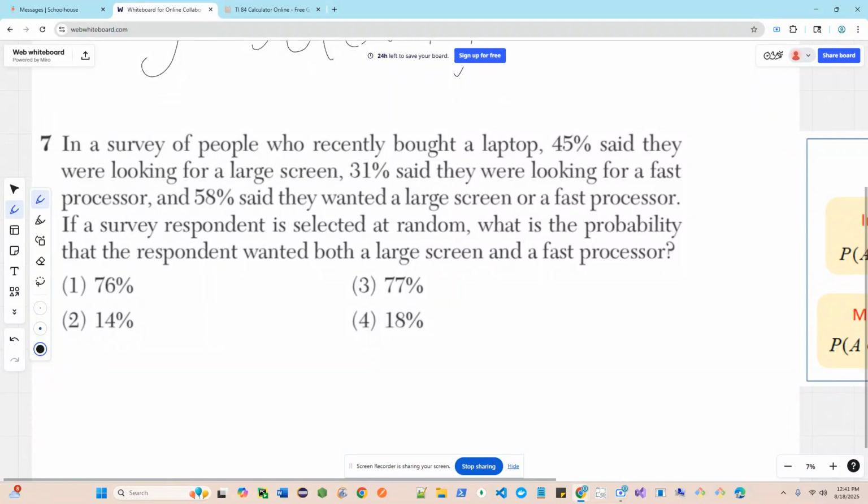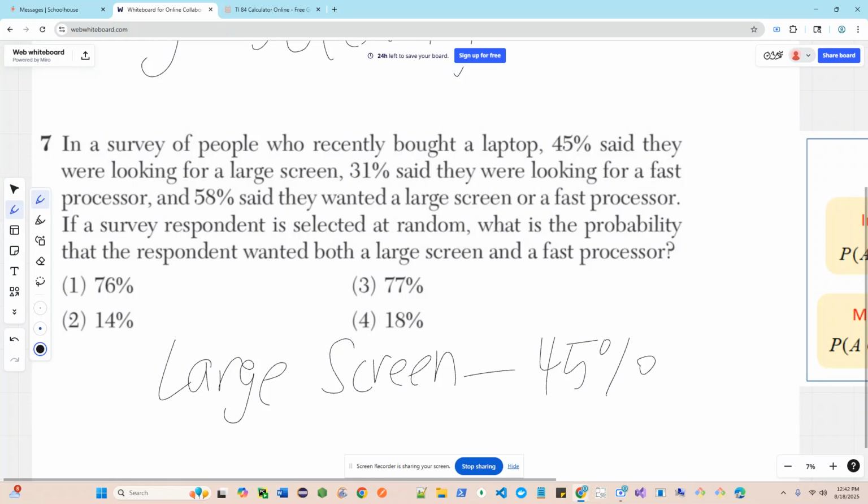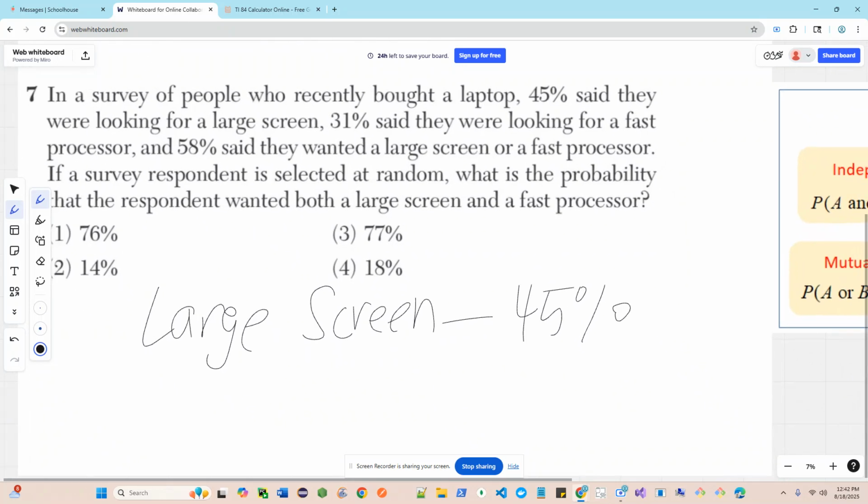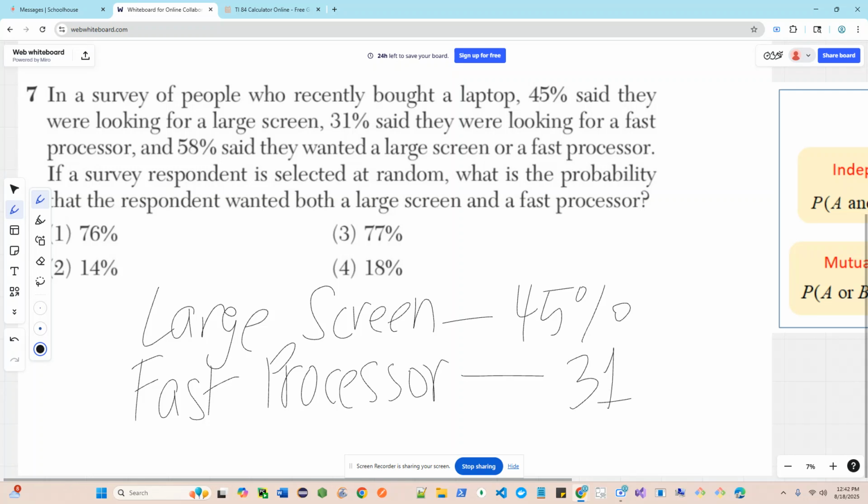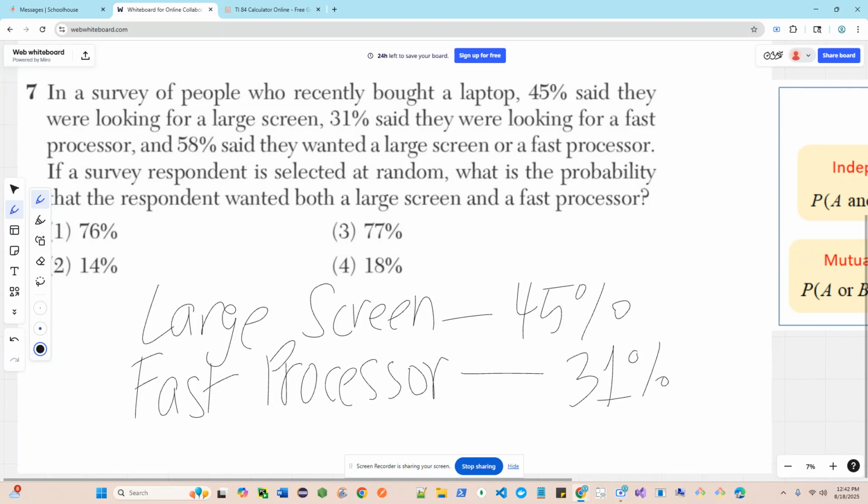45% wanted a large screen. So let's put that large screen, 45%. 31% said they were looking for a fast processor. Okay, fast processor, 31%. 58% said they wanted a large screen or a fast processor.